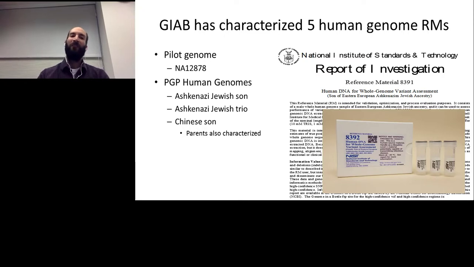We've chosen to characterize trios like this because that can help us in understanding the accuracy of our variant calls by seeing whether variants and genotypes are inherited as we'd expect them to be. And it also helps with things like phasing, and some methods can even take advantage of this trio information to better characterize the genomes.